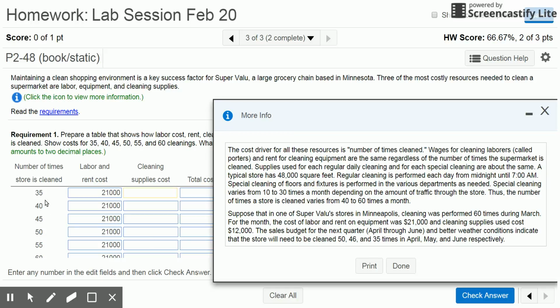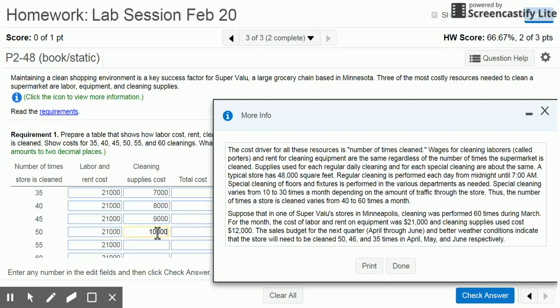So for 35 times, 35 multiplied by 200 will be $7,000. Same here, since each of these increments by 5, and 5 multiplied by $200 is 1,000, it increases by 1,000 each time.